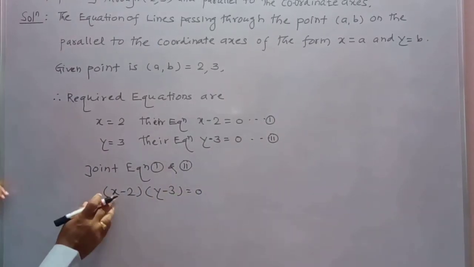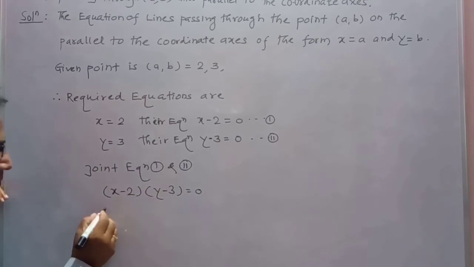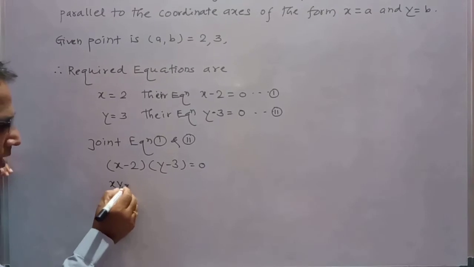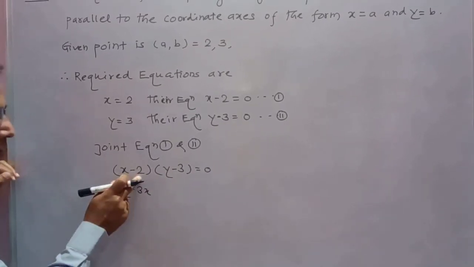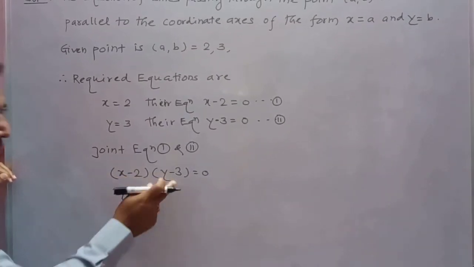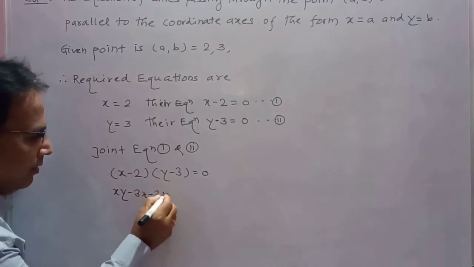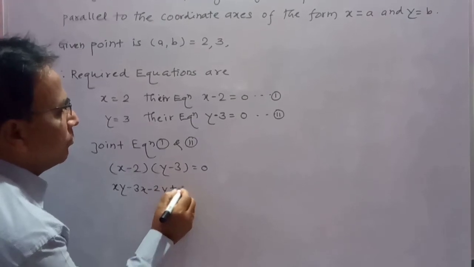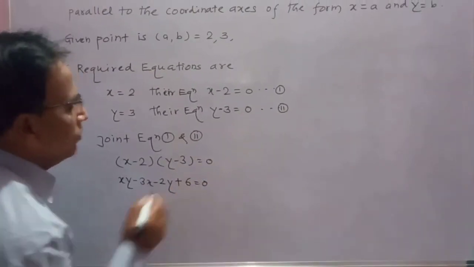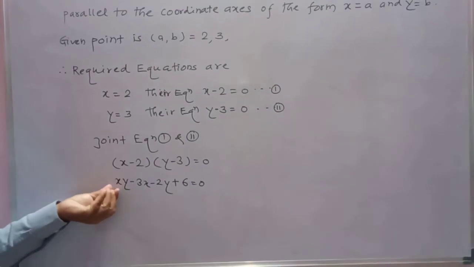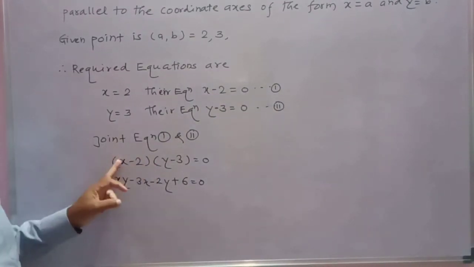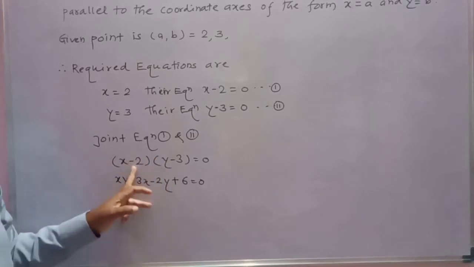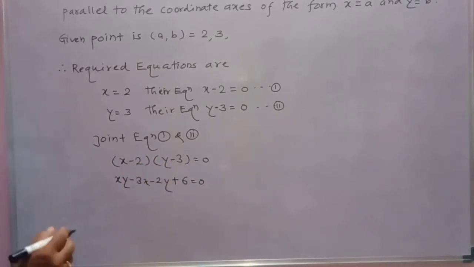First multiply x into y, xy; x into minus 3, minus 3x; and minus 2 into y, minus 2y; and minus 2 into minus 3, the product is plus 6, equal to 0.